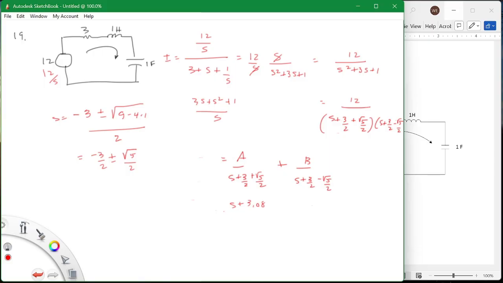And this would be 3 divided by 2 minus square root of 5 divided by, oops, I do not want to do it that way. I think I messed this up.